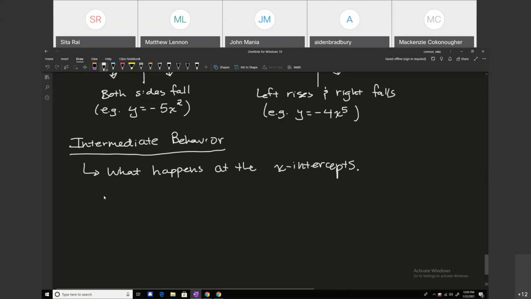So we'll say, suppose we are able to factor our polynomial and all of its roots, so we have a fully factored polynomial.